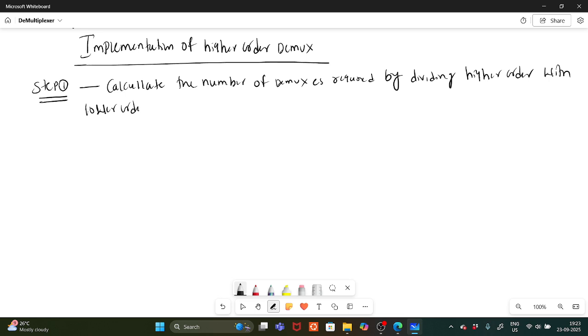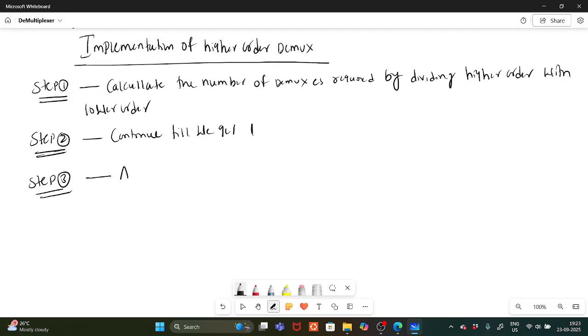Step 2: Continue till we get 1, and add all the number of demuxes. Step 3: Add all the number of demuxes and connect.